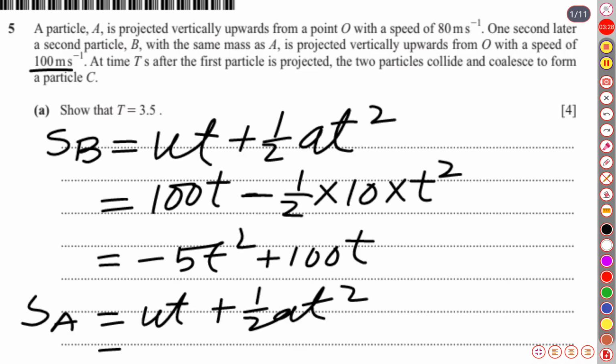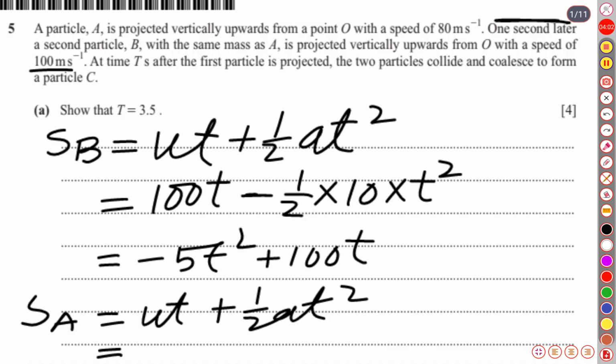Well, now we should not forget that they have told that particle B was projected vertically upwards from O with the speed of 100 meter per second, 1 second later. So this is the clue word. Look, particle B was projected 1 second later. Then what does it mean? Actually, A was projected 1 second earlier.